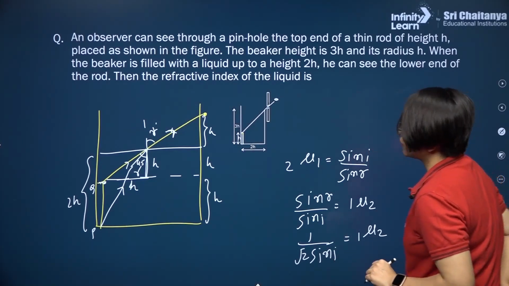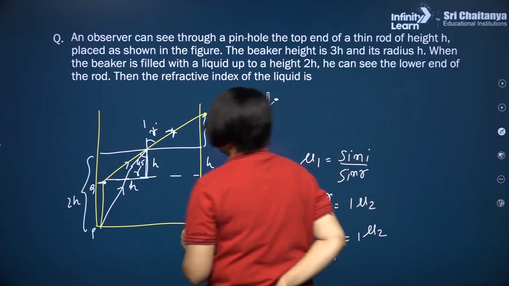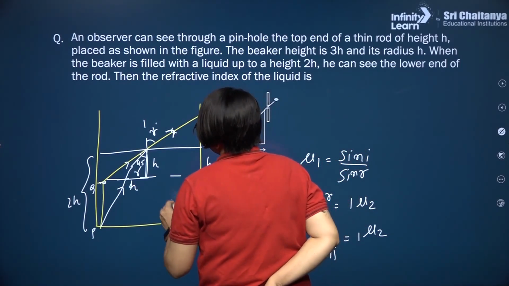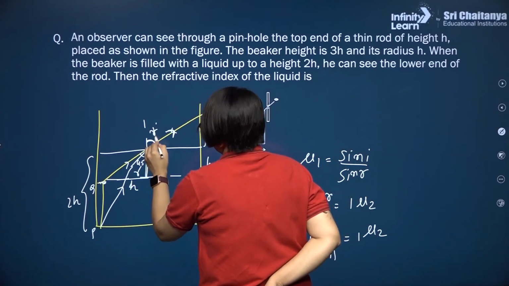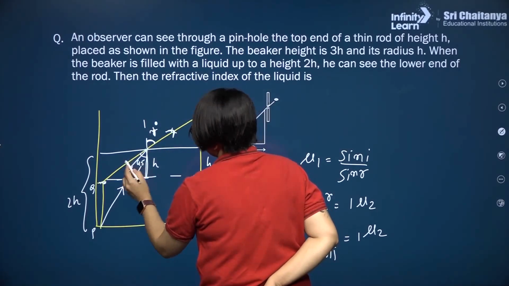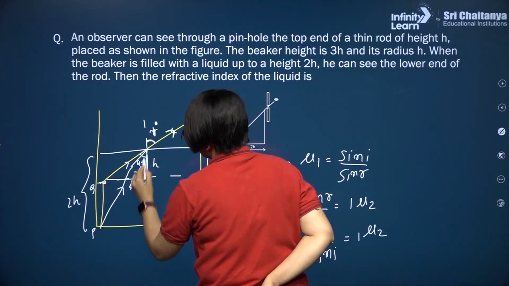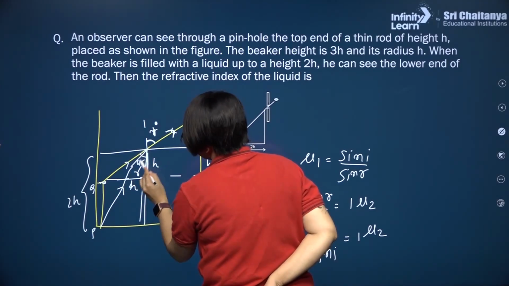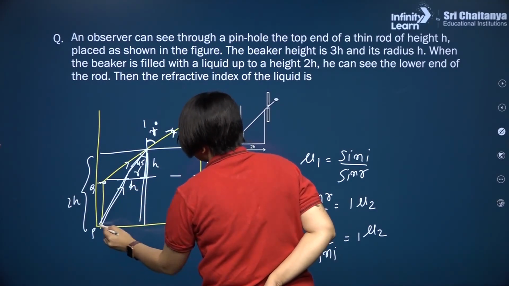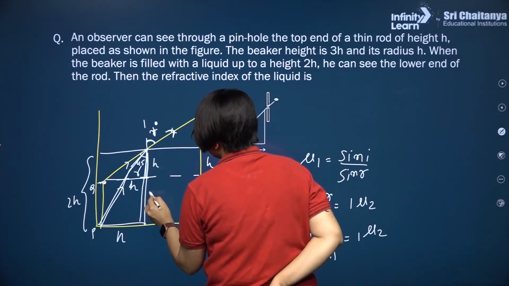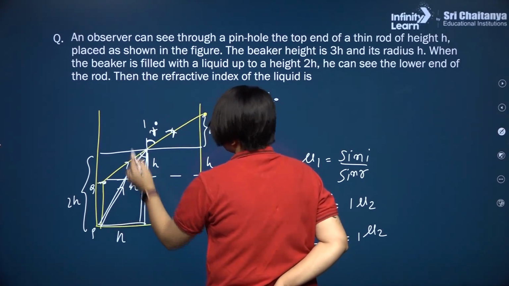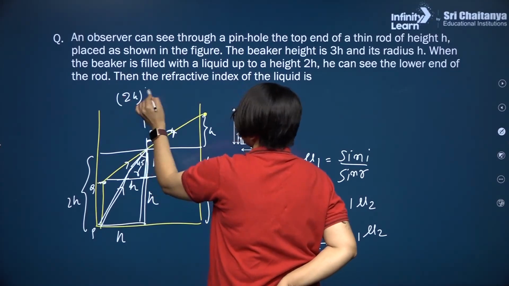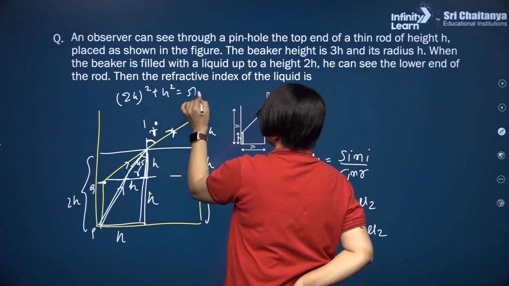Now let us find the value of sine I over here. So in this triangle, if it is R, if it is I, then this is also I. So in this complete bigger triangle, this is h, this is 2h. So the hypotenuse will be 2h whole square plus h square, that is 5h square.